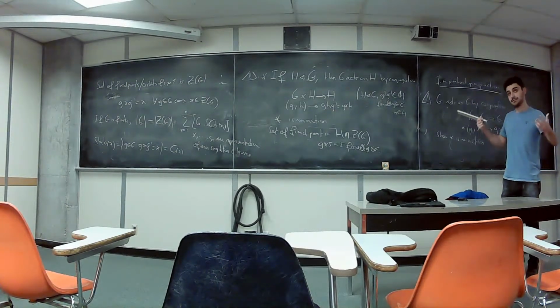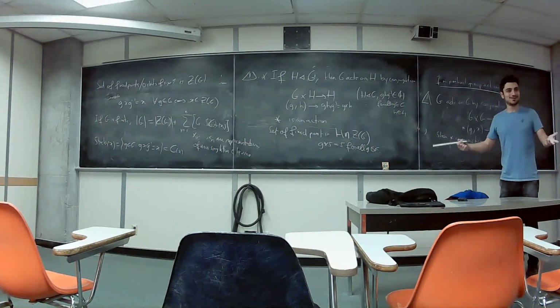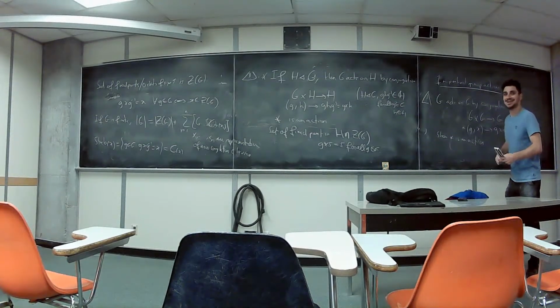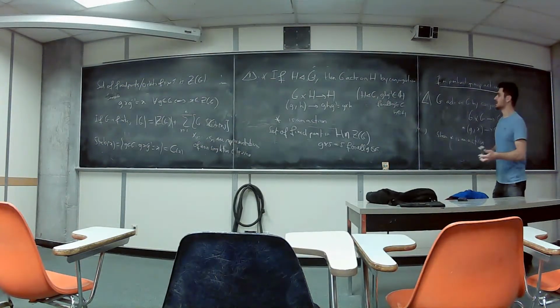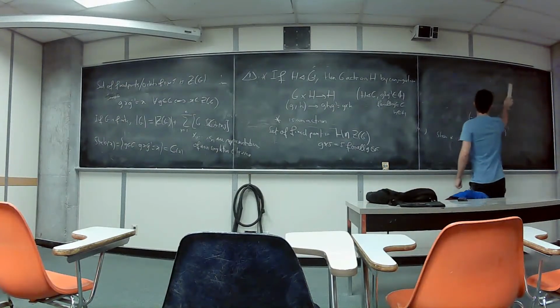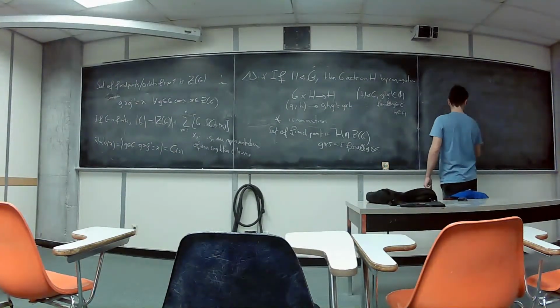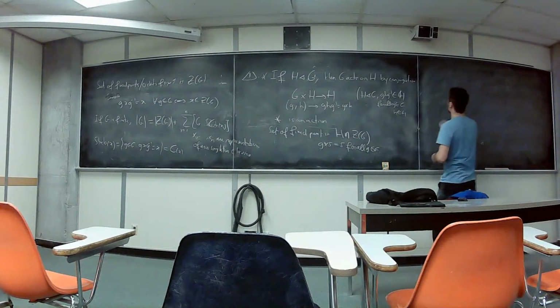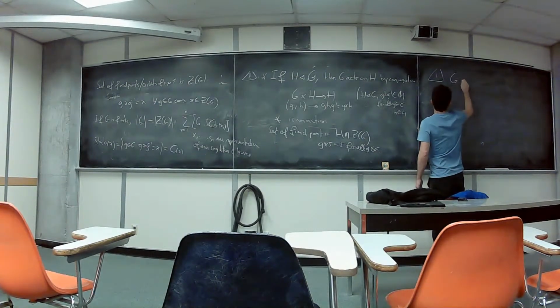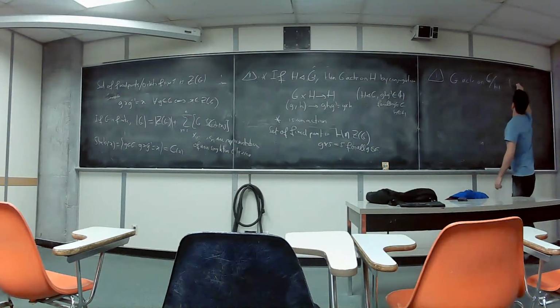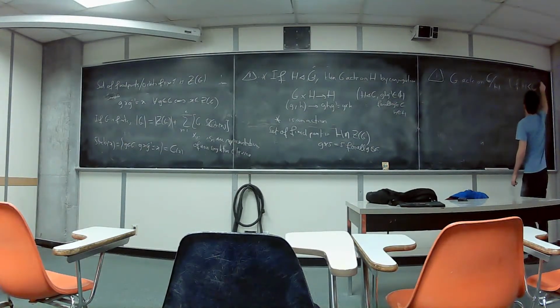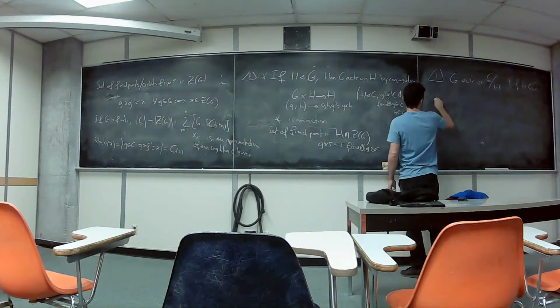They're important. Now we have two very important actions, I mean, everything I did is important, but what is the important action? G acting on the set of cosets, G on G mod H. This is the most important, the third important action. G acts on G mod H if H is a subgroup of G. So what is the action?